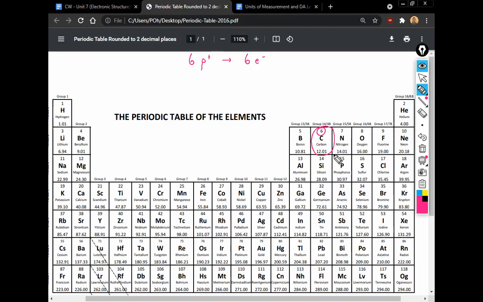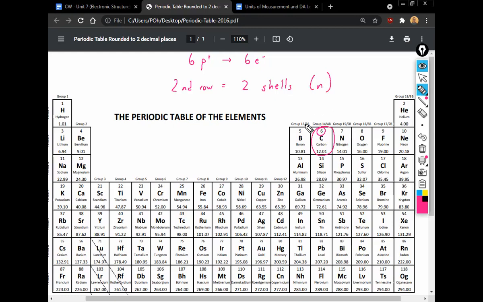Now we're gonna learn how to use some other information on the periodic table. If you take a look at carbon, which row is it on? Second, rows go side to side. So if carbon is on the second row, that means carbon is gonna have 2 shells. The highest n number for electrons in a carbon atom is gonna be 2.